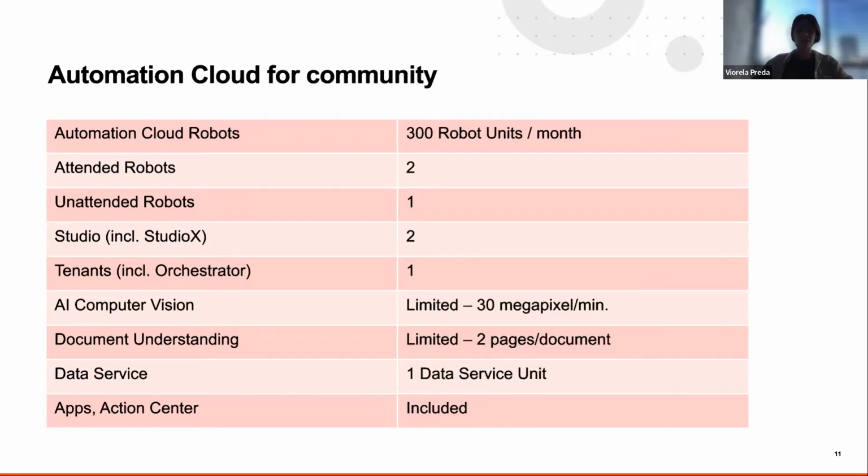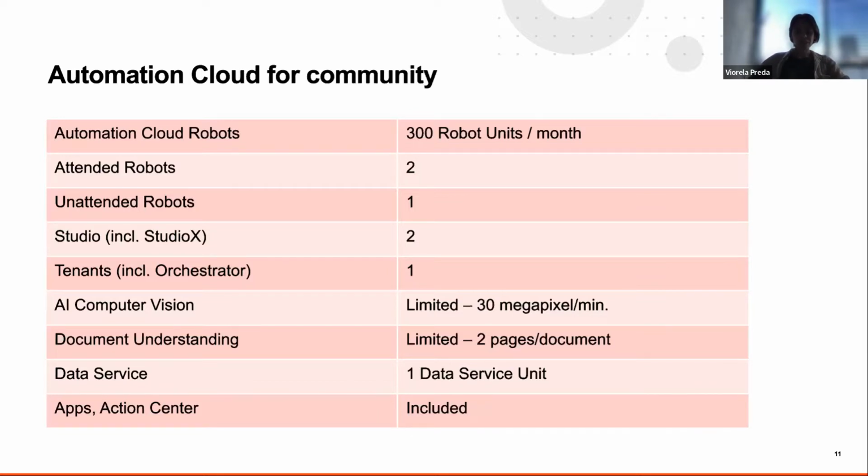I know last time some people asked what this megapixel per minute is. It's basically how many images you can process. The number of images depends on how big they are, per minute.